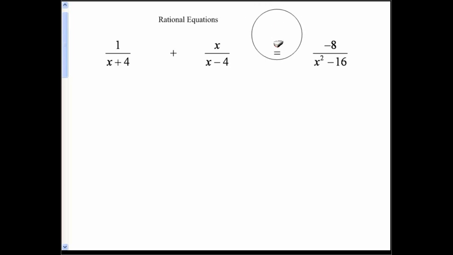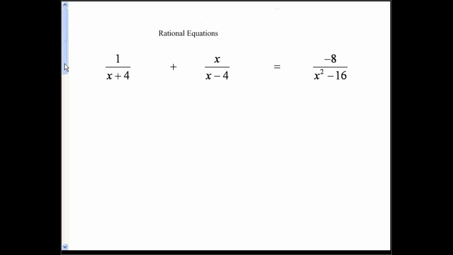So the first thing we need to do is find a common denominator for each of these fractions. Well, first we're going to have to factor x squared minus 16, which is x plus 4 times x minus 4. Now, for a common denominator, the first denominator is missing the x minus 4.